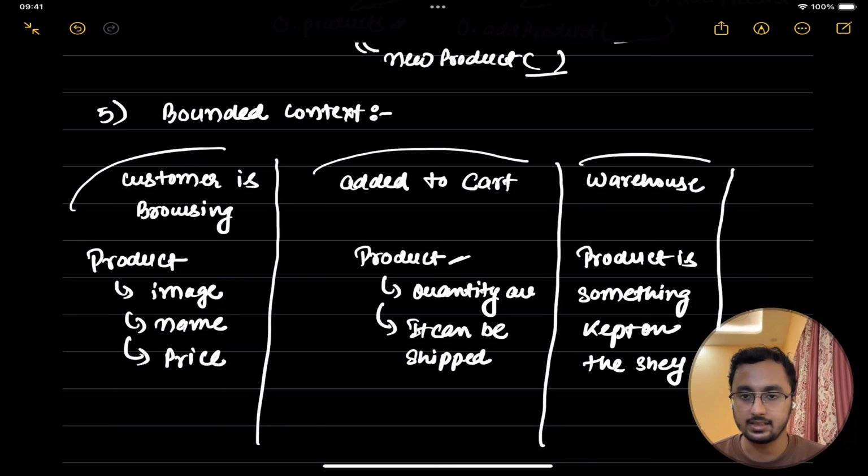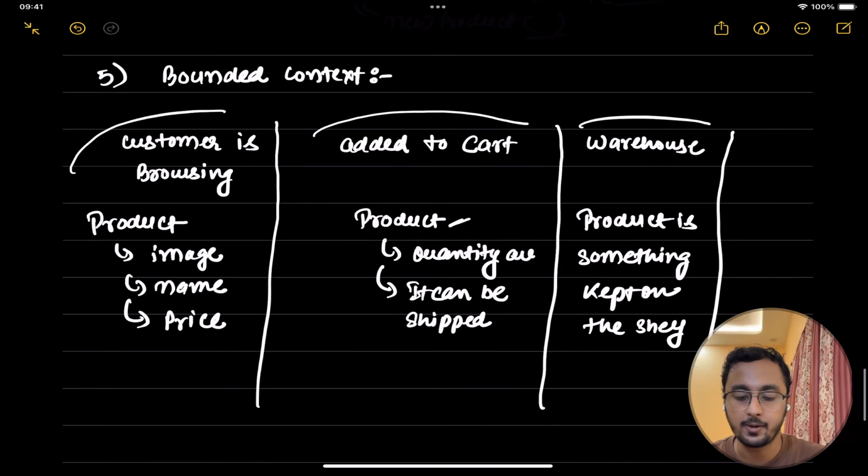So in this case, product was an entity, and that entity was termed as product using the ubiquitous language, right? Whatever we did within the bounded context, the effect of that operation remained local to that bounded context only, right? It didn't propagate to other bounded contexts and alter the state of that product, right?